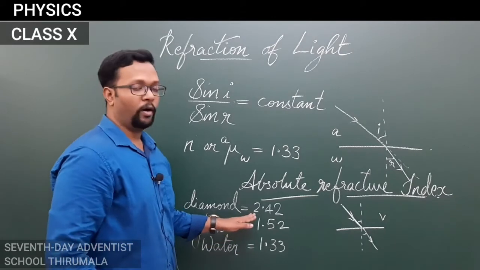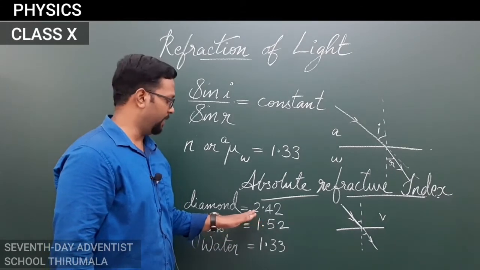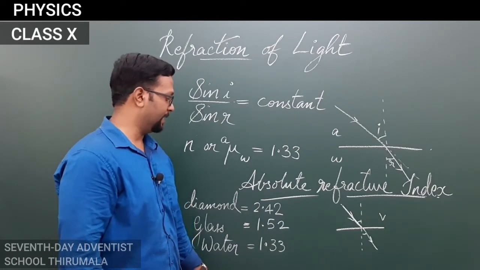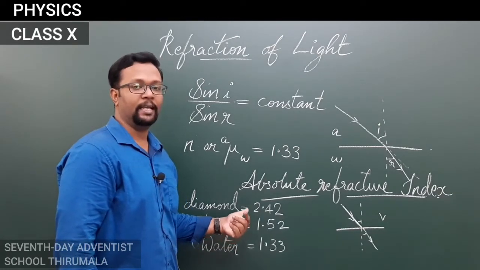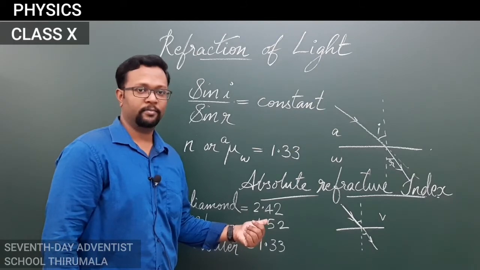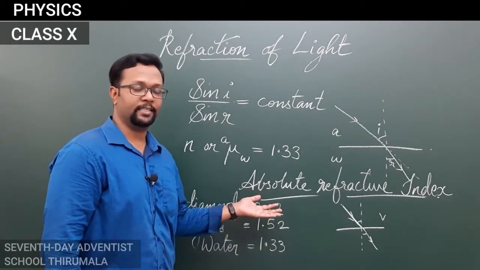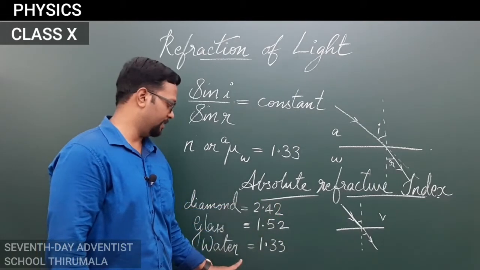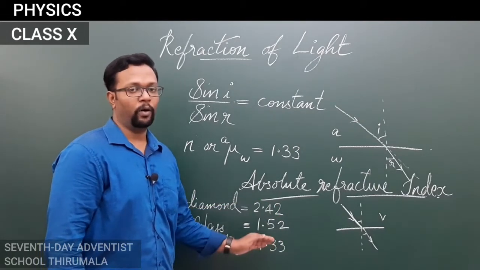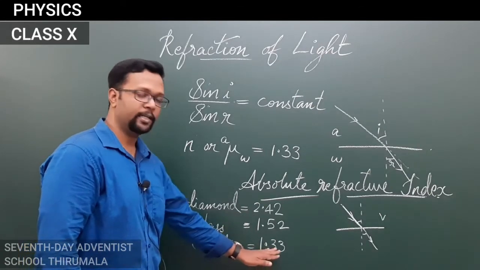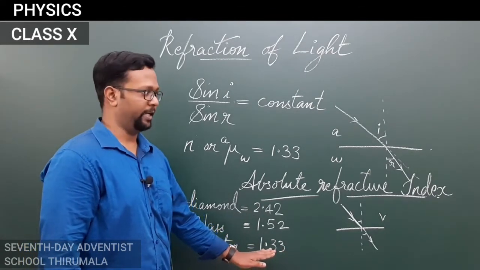So the absolute refractive index of diamond is very high compared to that of glass and water. It means that diamond is an optically denser medium, and glass is not as dense as diamond, but it is denser than water. And water, compared to diamond and glass, is an optically rare medium.